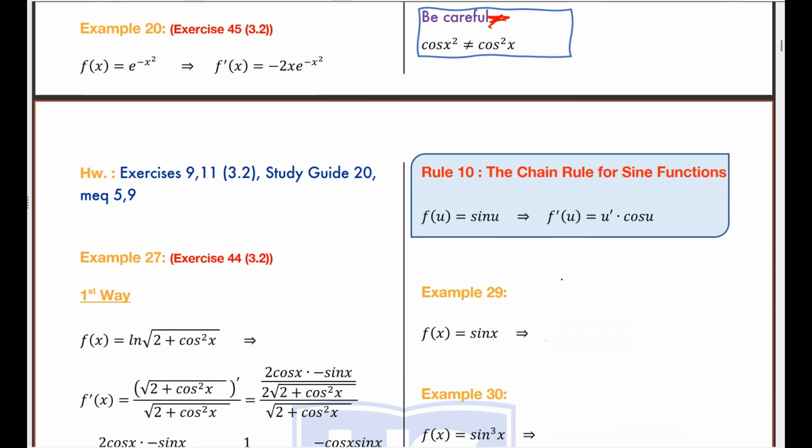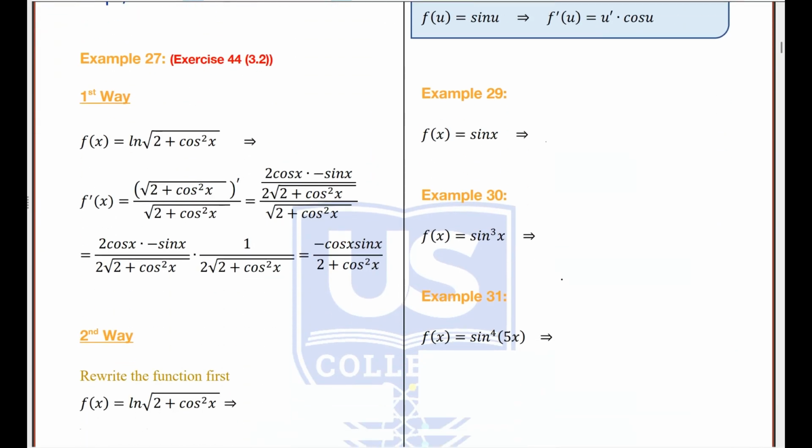Okay, let's continue with a nice question involving cosine and ln, the natural logarithm. So we have ln square root of 2 plus cosine squared x. In the previous lesson, we studied how to take the derivative of natural logarithmic functions.